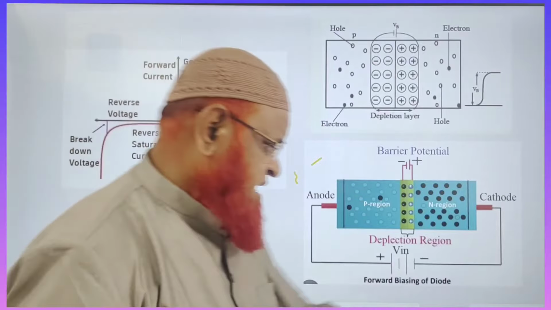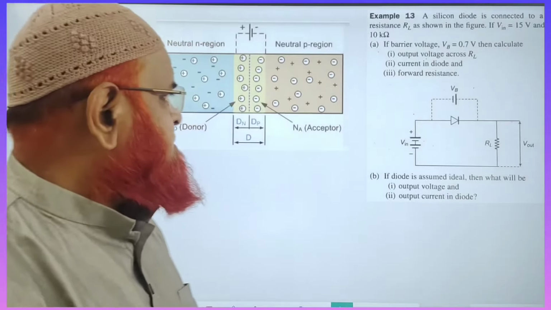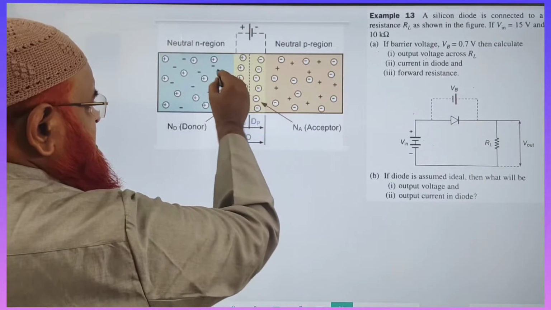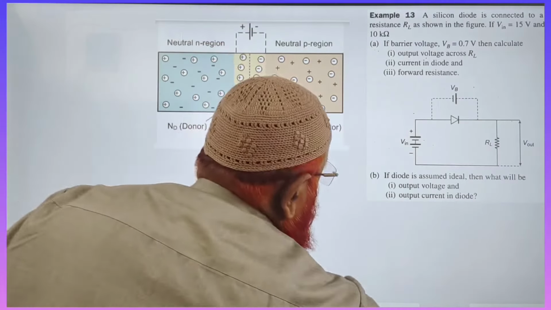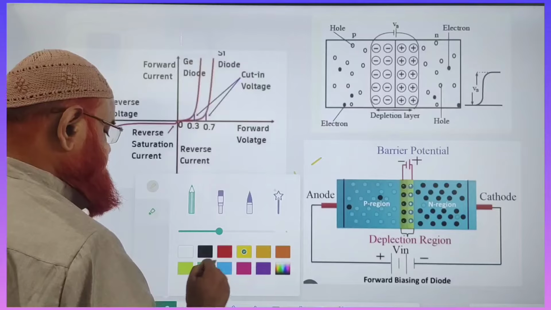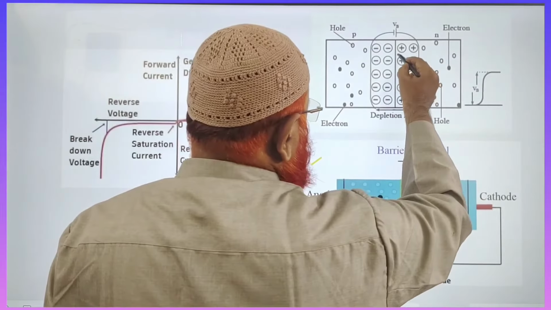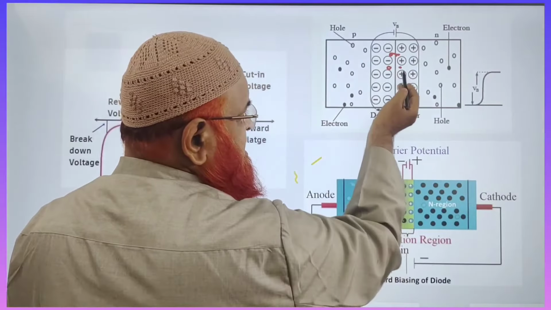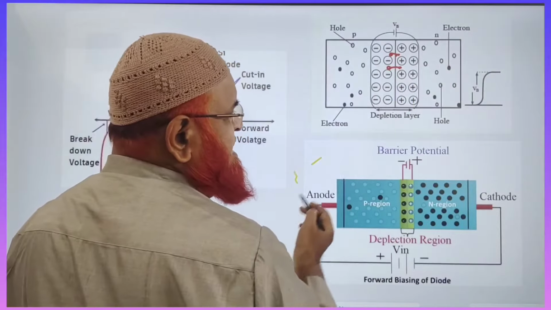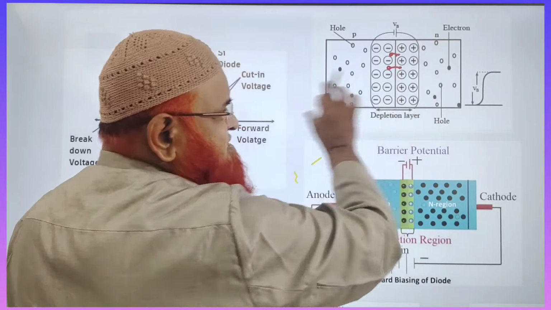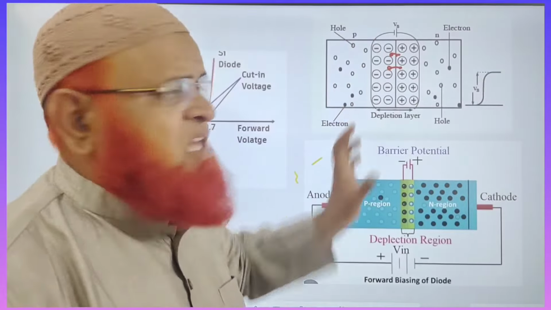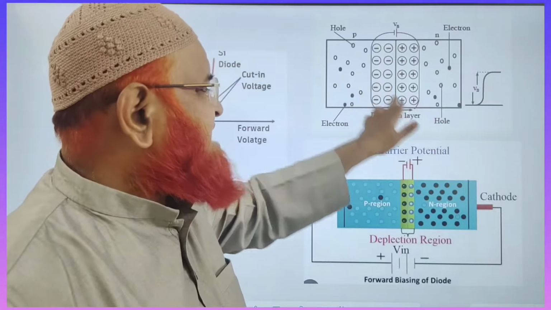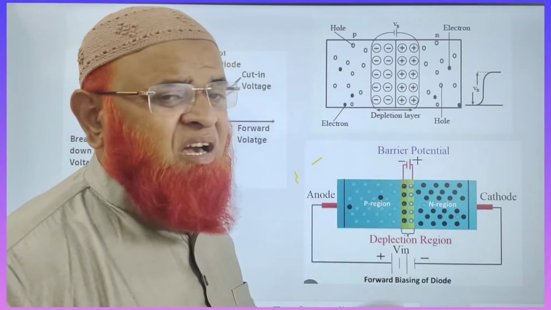At the edges, the electrons present here will fall into the holes present there. That means in this region there are no electrons, and in this region there are no holes. That's why they are called immobile charge carriers. This is called the depletion layer.